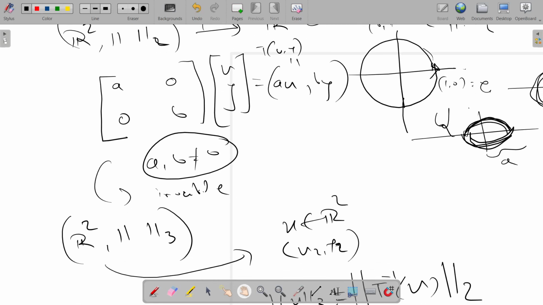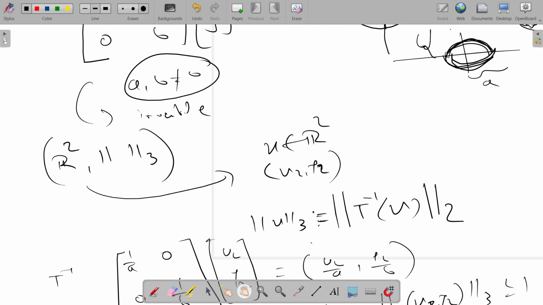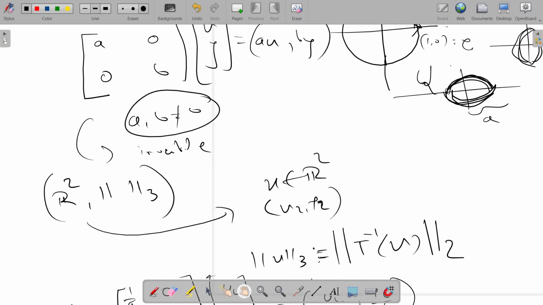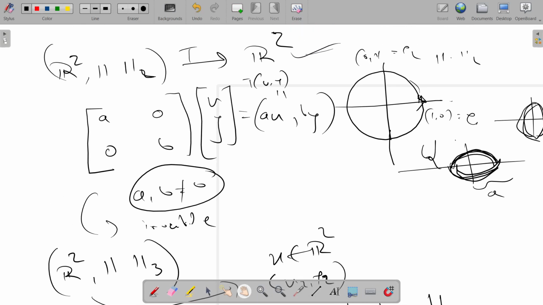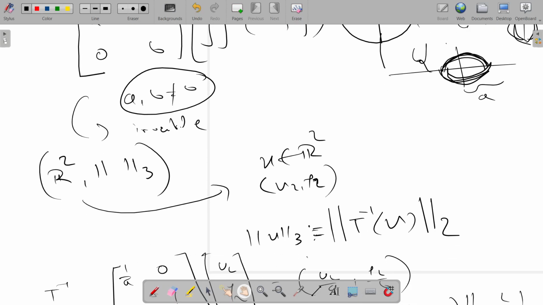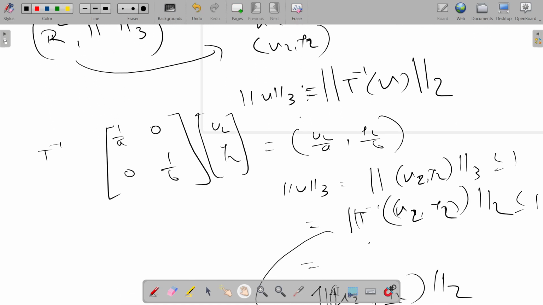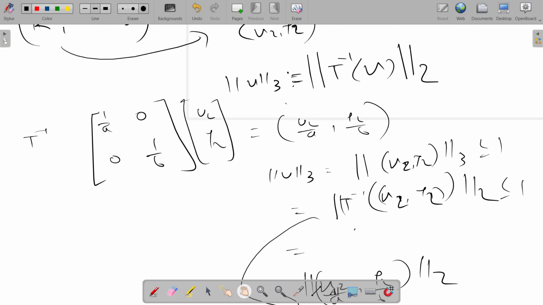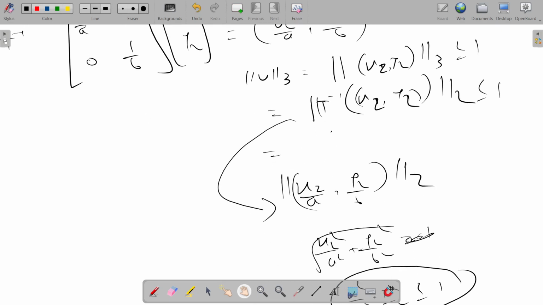We have defined a new norm like this, and we can see that this will be an isometry, so there will be a normed linear space isomorphism between the two. We easily see that if we stretch the circle, we will get an ellipse.